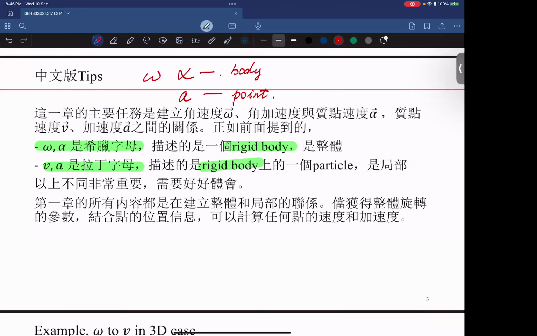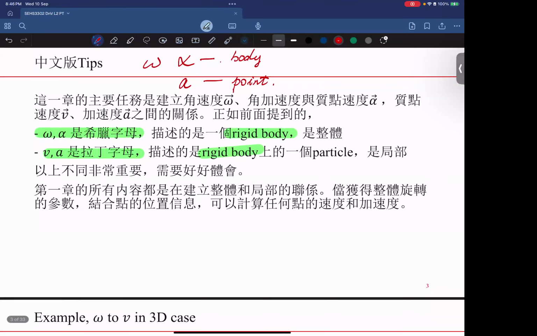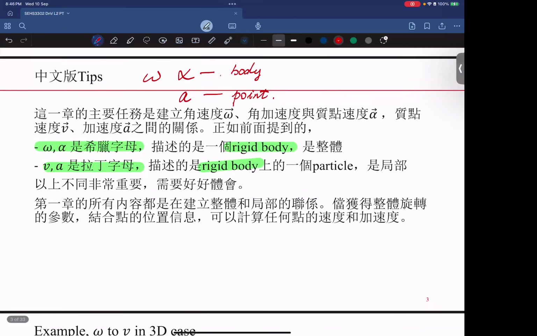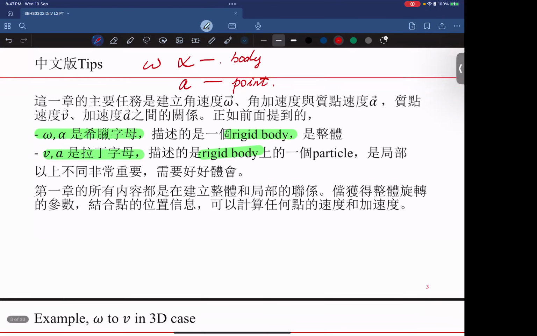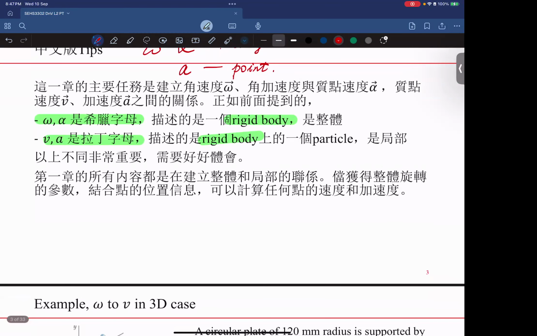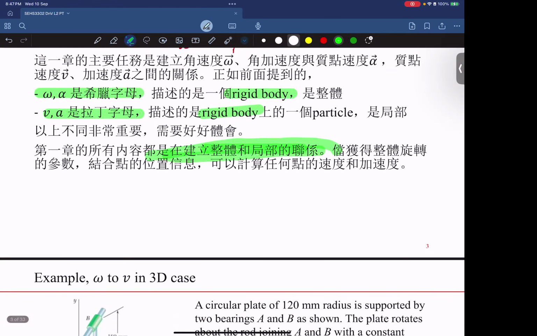You need to write down these two letters clearly to make sure you can understand what you have written. Otherwise you can cause misunderstanding by yourself, right? So the key point is to build the relationship between the whole body and a specific position.